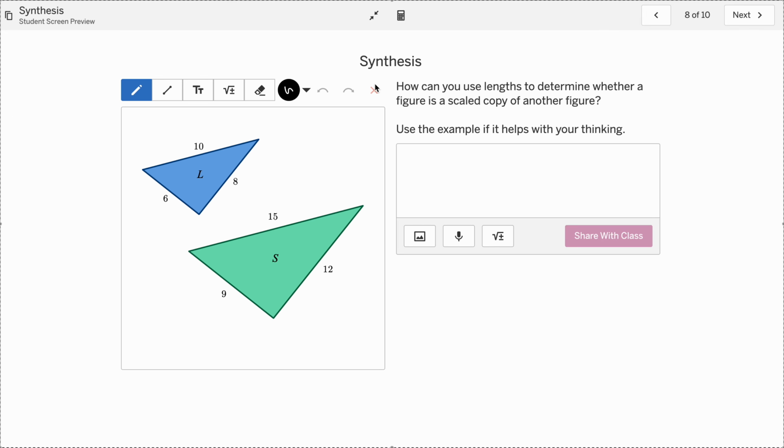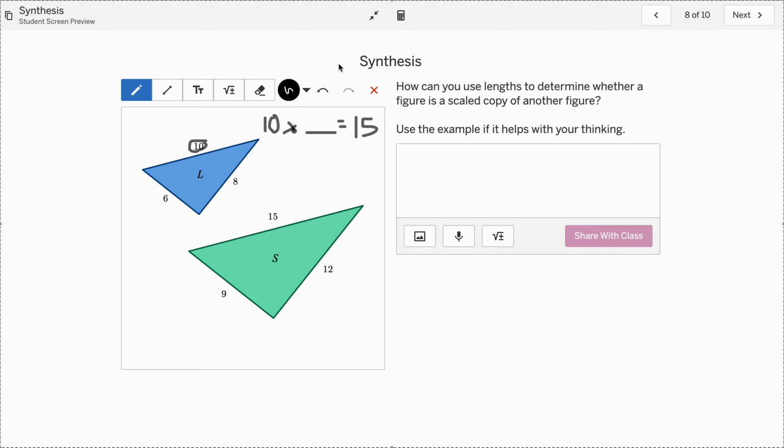So here's our synthesis. How can you use lengths to determine whether a figure is a scaled copy of another figure? So we start with our small one and we go to our big one. What am I multiplying 10 by to get to 15? A couple ways you can find it out. You can either just multiply 10 by a bunch of different numbers to figure it out, or the opposite of multiplication is, of course, division.